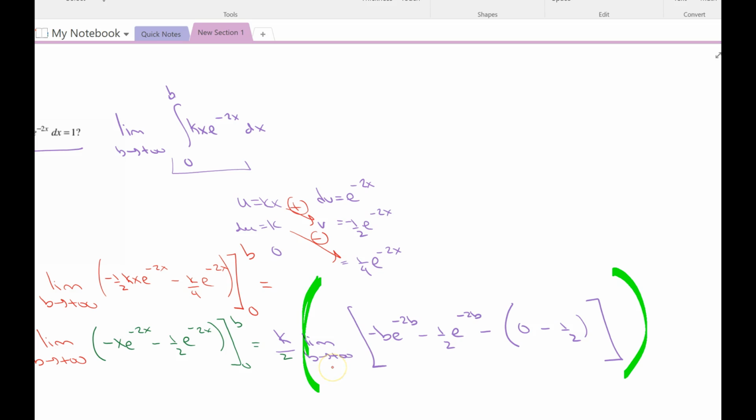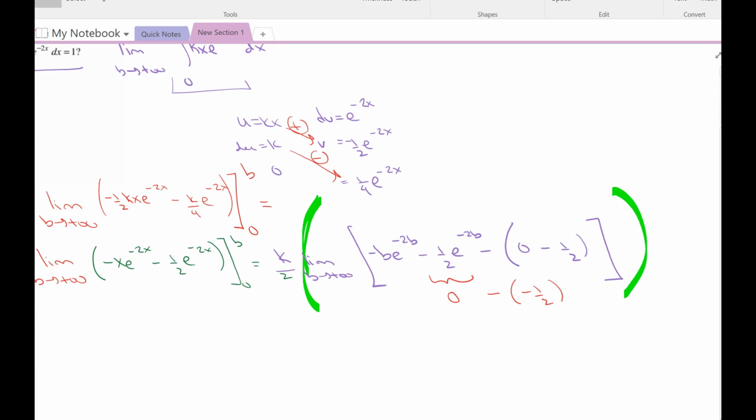Now let's take a look at what's going on. As b approaches positive infinity, this term is going to approach 0 minus the quantity negative 1/2. And I think this is the second time I've seen this happen in our work with limits, whether it was improper integrals or L'Hopital's rule.